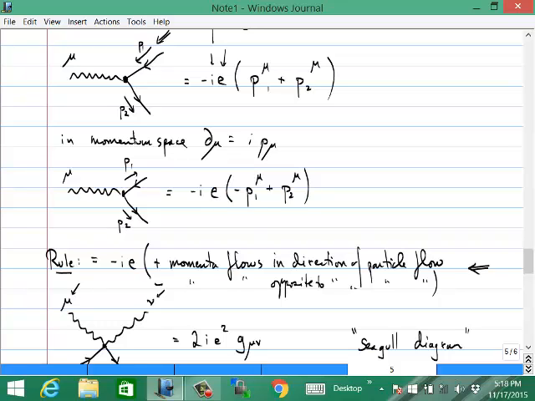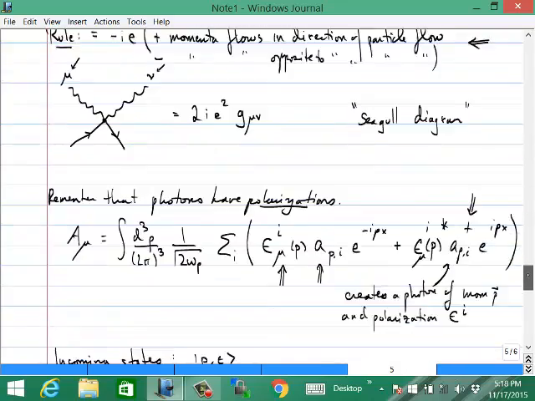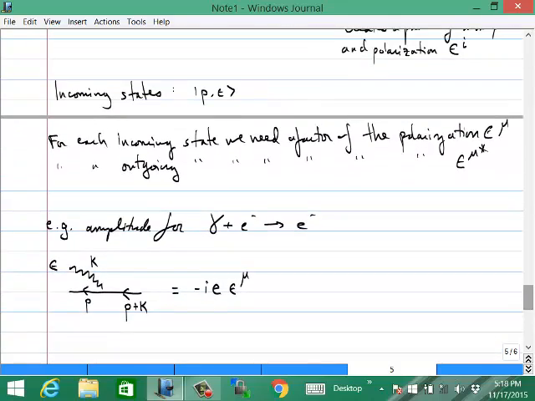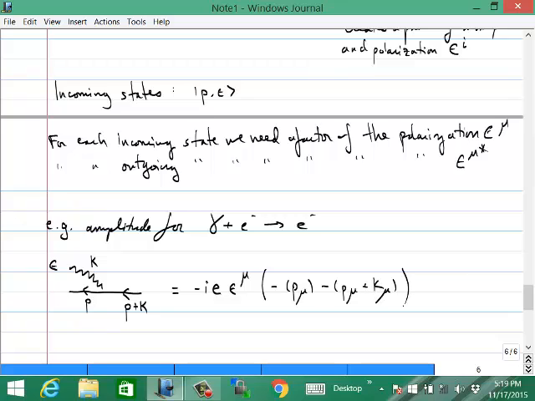In particular, you get a minus sign for each momentum because in this expression, the particle flow is opposite to the direction of momentum flow. And so you would get a minus P mu minus P mu plus K mu. So that would be iE epsilon mu times 2P mu plus K mu.